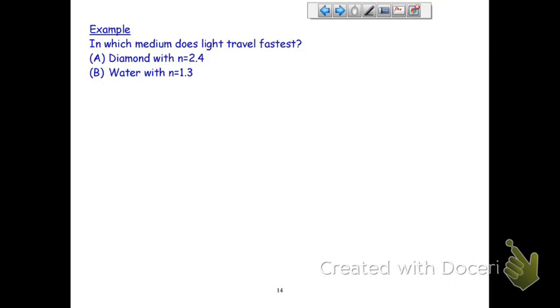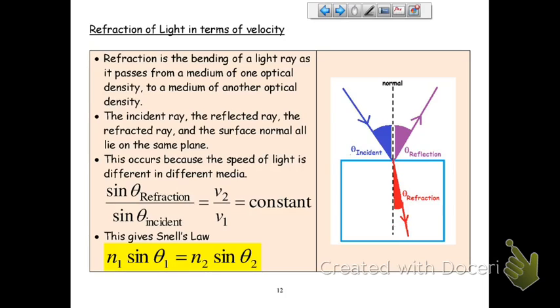And I didn't actually do an example with this. Let's go back here. So here's the incident ray. And there always is a little bit of reflection. Let's ignore that for the minute. Here's the refracted ray. And that has turned towards the surface normal.